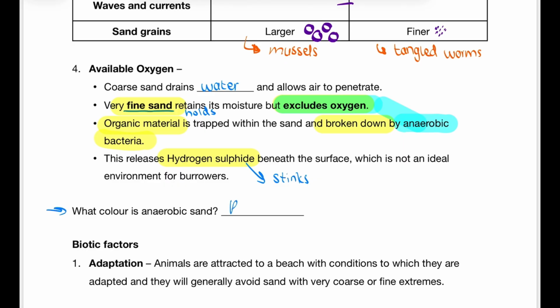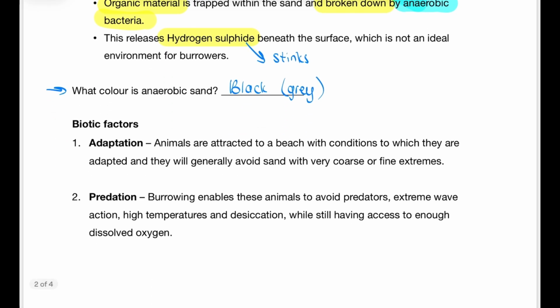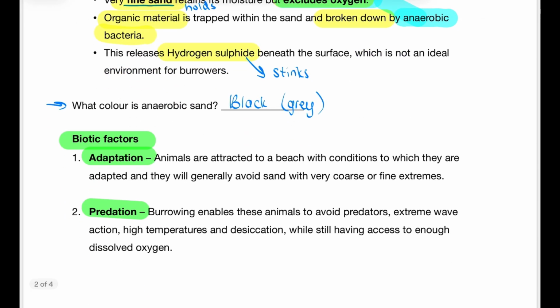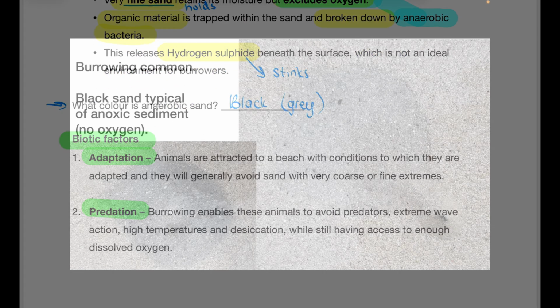Alright, and then you have a little question here that says, what color is anaerobic sand? So the answer to that is black. Sometimes it can look gray. Alright, so before we go up to the biotic factors, we kind of already spoke about predation anyway. But before we go to that, I just want to show you some photos of the black and the grey sand.